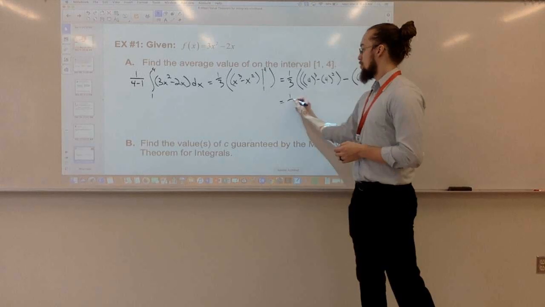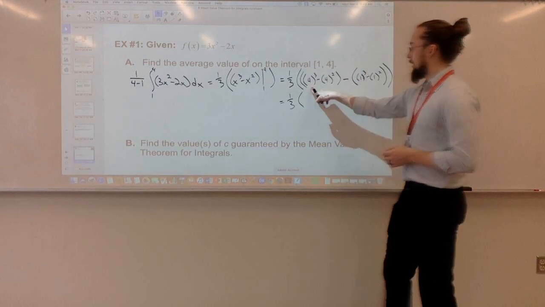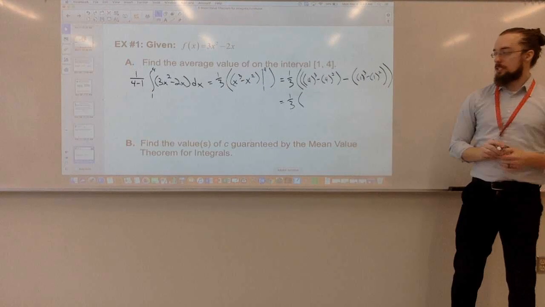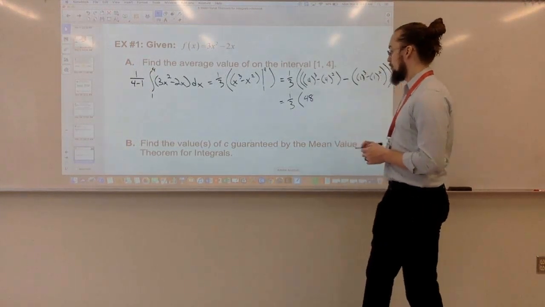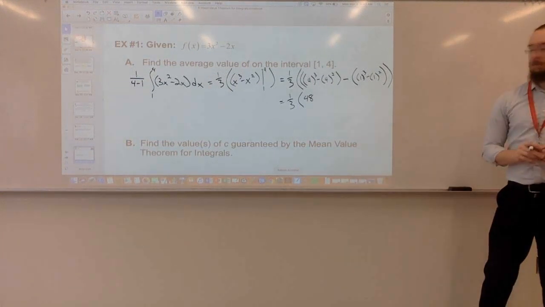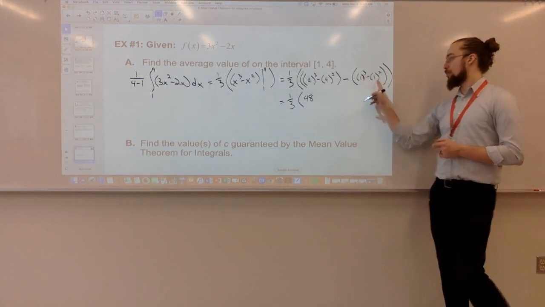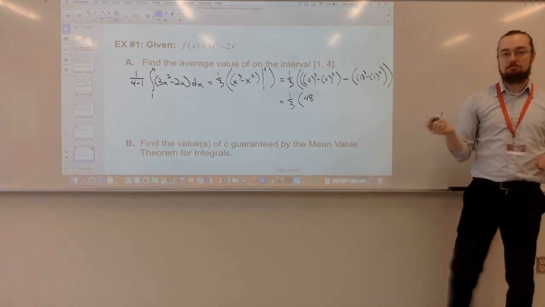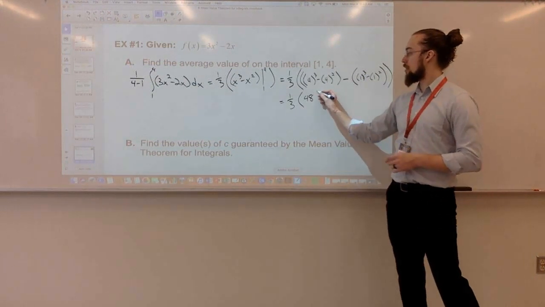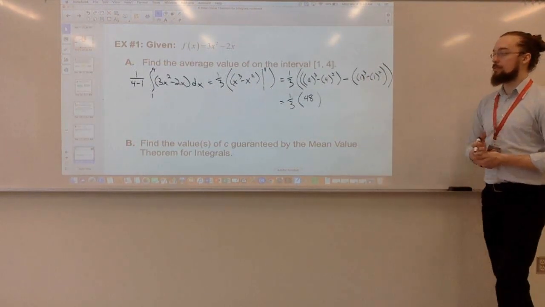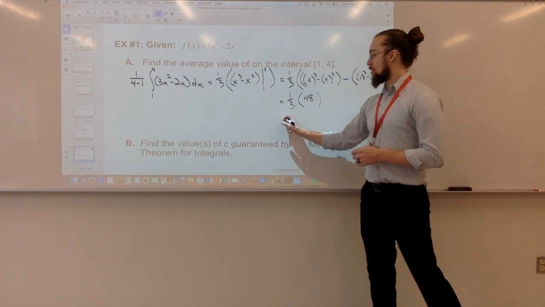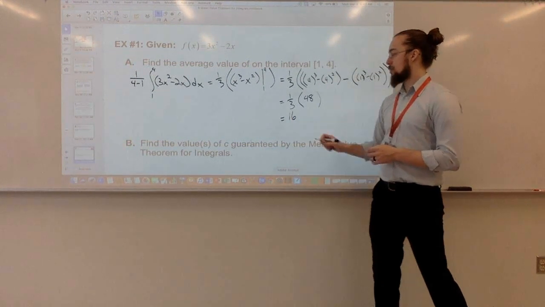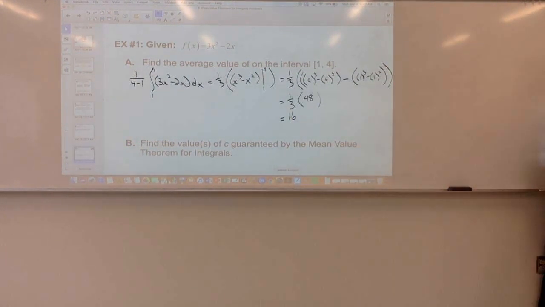So we get 1/3 times 64 minus 16, which would get me 48. Then minus 1 cubed minus 1 squared would just be 0, 1 minus 1. So this is just 1/3 times 48, which is just 16.